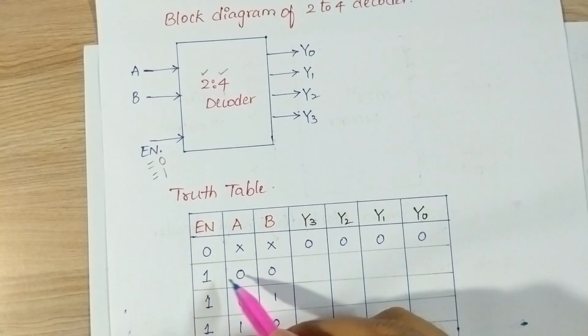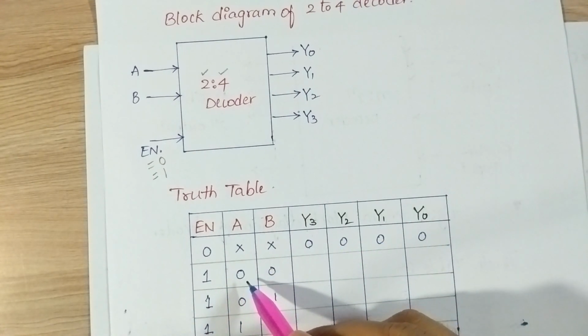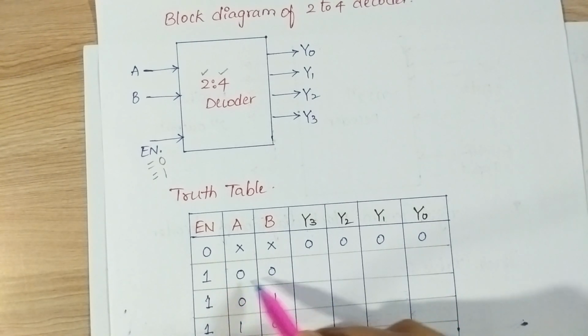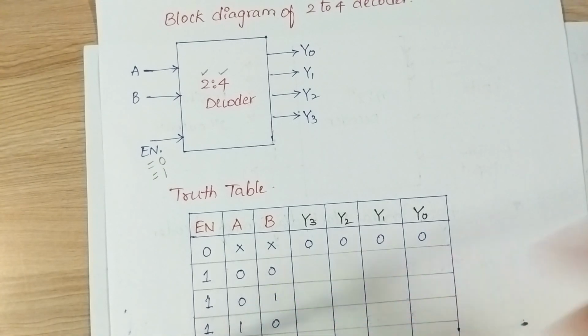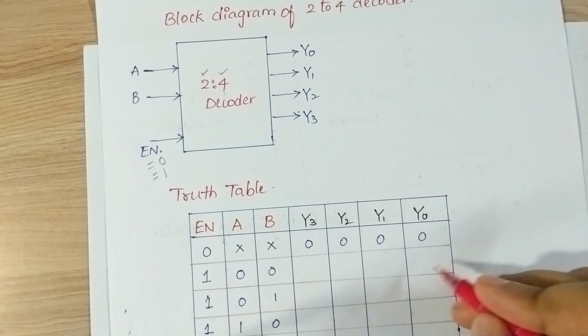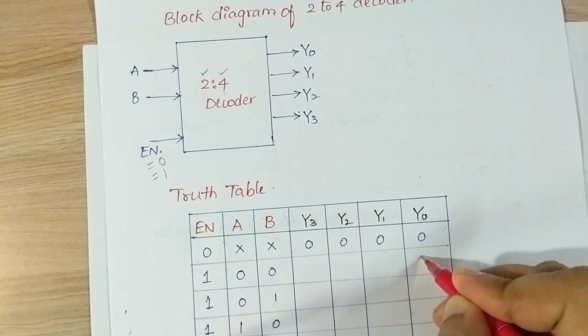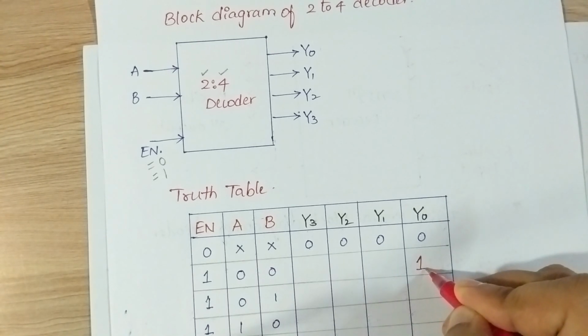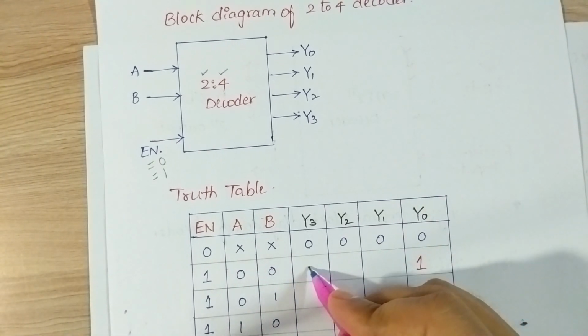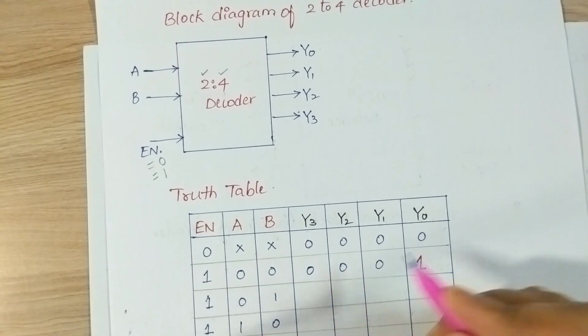Coming to the first combination, when capital A and capital B are 0 and 0, Y0 will get active. The Y0 output pin will get active and the remaining three outputs will be 0.